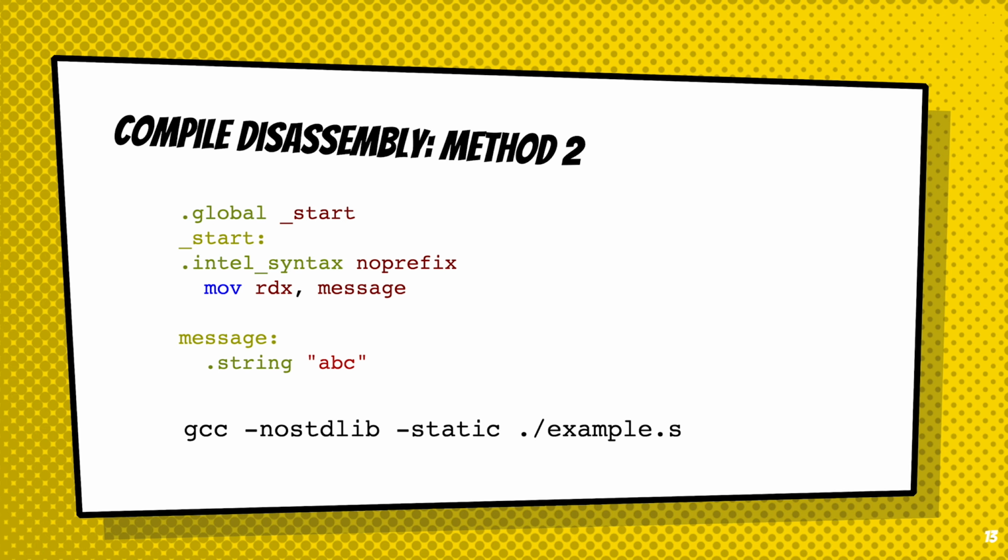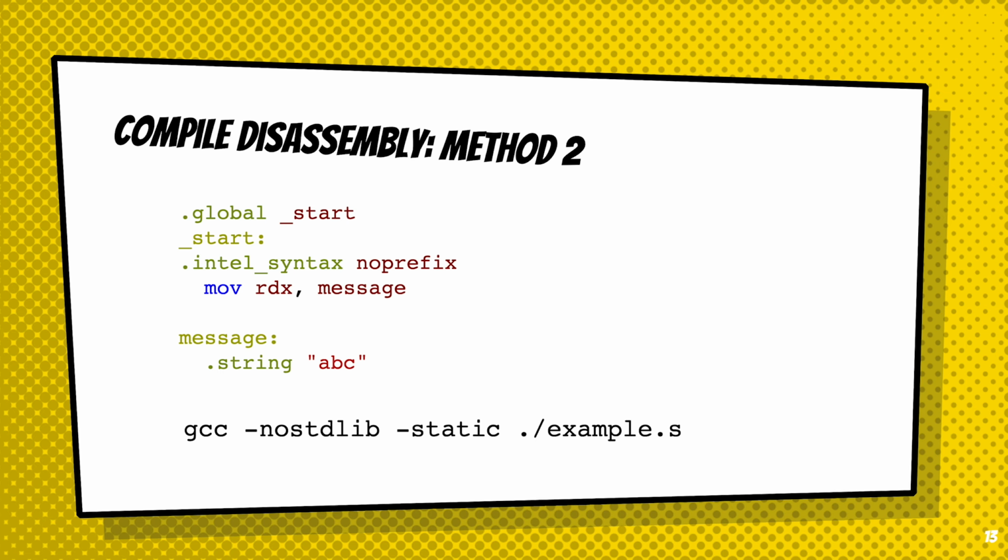Another approach is to use GCC. And similar to the first method, you still need to define the .global section with the _start label. After the _start label, you can start to write your own code. And here you could put the .intel_syntax noprefix directive to specify the syntax for you to write the assembly.